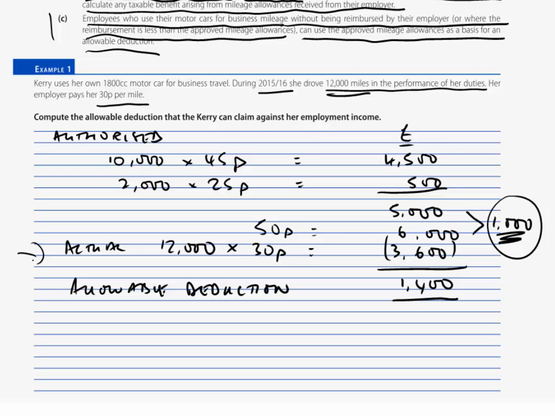If, on the other hand, she'd been reimbursed at a rate of 50 pence per mile for all 12,000 miles, she'd have received £6,000, which is £1,000 more than the approved mileage allowance limits would have permitted, so she'd have £1,000 to include as employment income. Now again, check through that, make sure that you are happy with how the calculations have been performed, and then return to us.